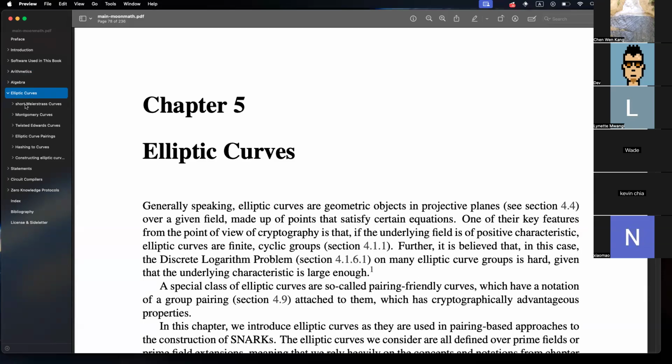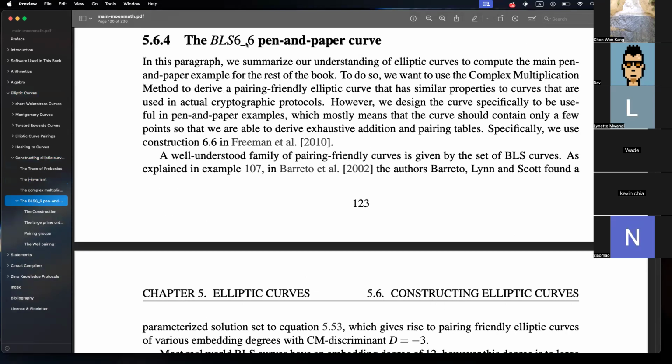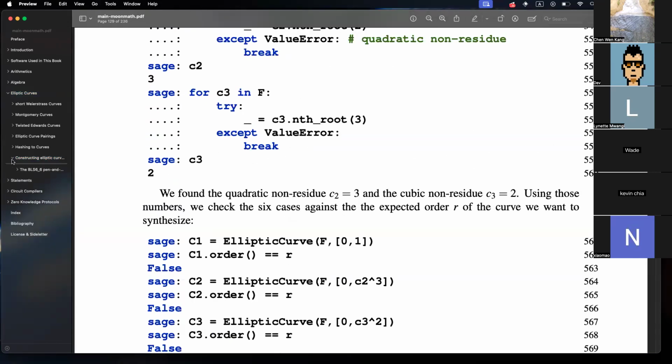Before then, you can submit your PRs to the repo. I'll try to go through them within the week and give some feedback and have some discussion over there as well. So I think that's essentially it for today. Next week we'll cover 5.6. We'll go specifically through BLS 66, the pen and paper curve, in a little bit more detail on what's covered here.